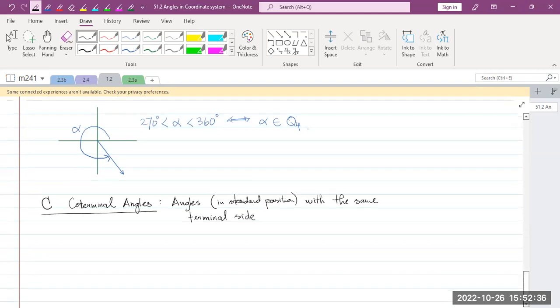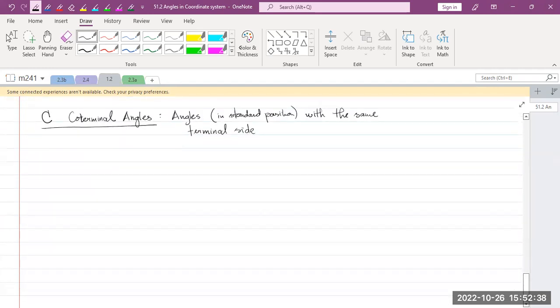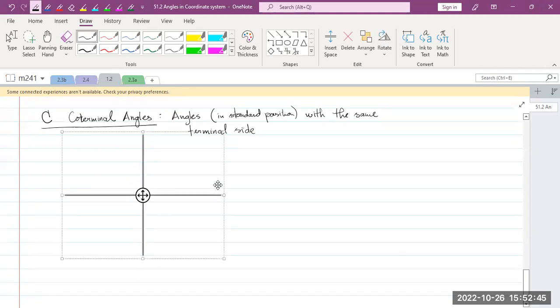So if you have the same terminal side, you may have different angles associated to that terminal side.